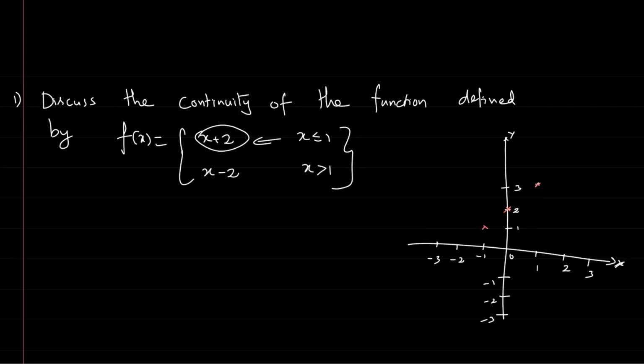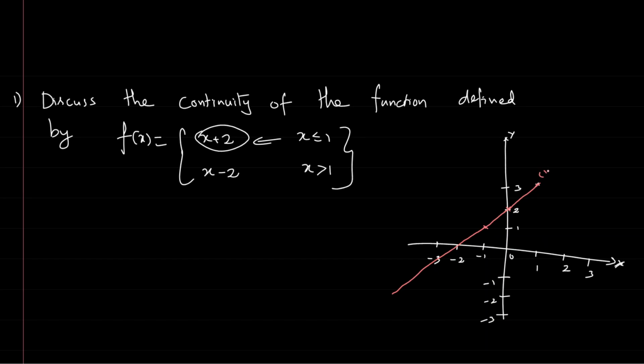So when we are connecting this, this is less than or equal to 1, therefore up to 1 it will go. Then when we take x equal to minus 2, minus 2 plus 2 is 0, therefore the function will go like this.